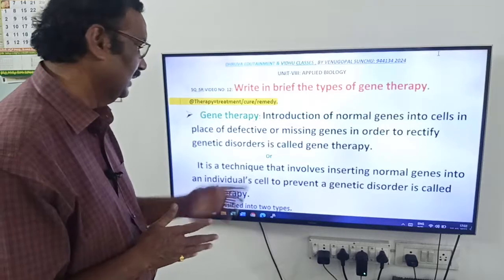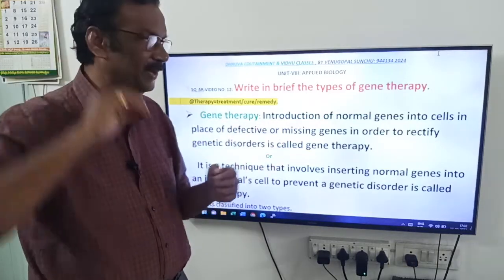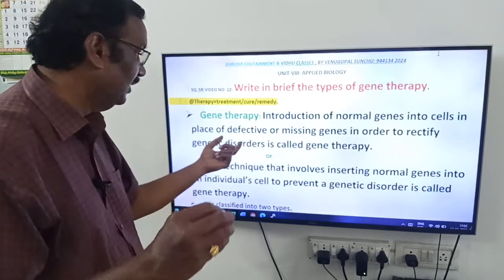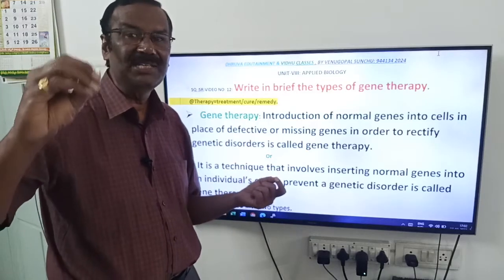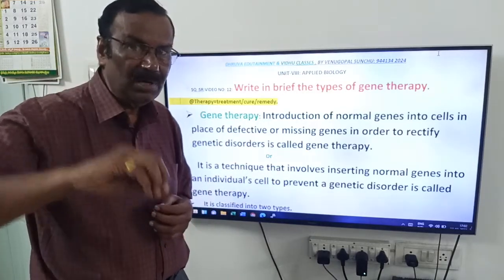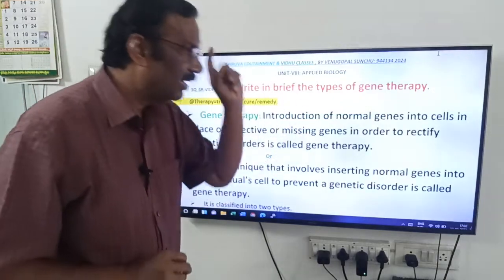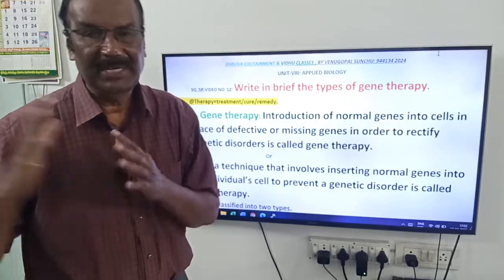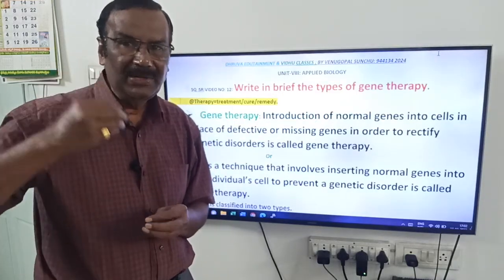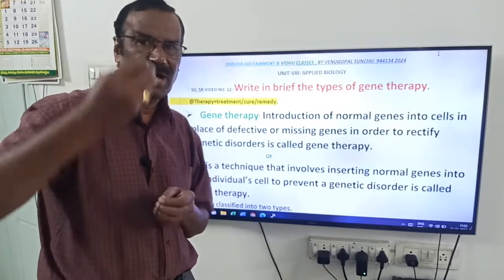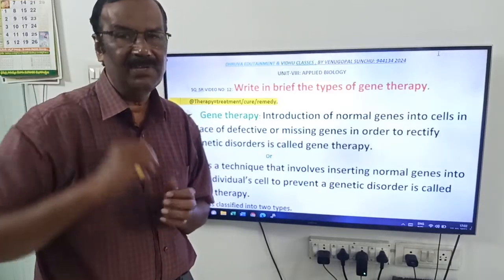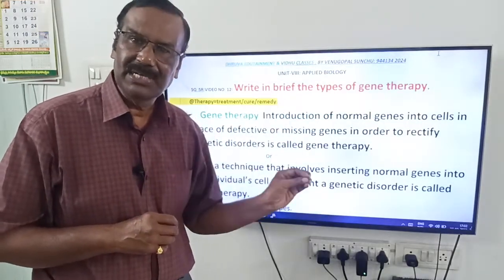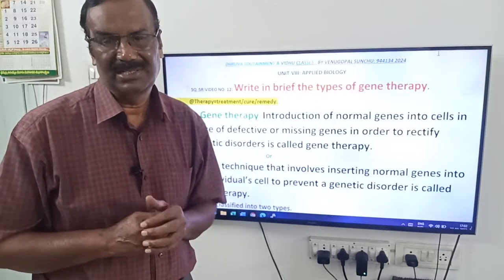Once again, friends, introduction of normal genes into where? Into cells, in place of defective or missing genes, in order to rectify genetic disorders is called gene therapy. Friends, here we are introducing normal genes or healthy genes from outside into an individual who has defective genes or missing genes due to genetic disorders.